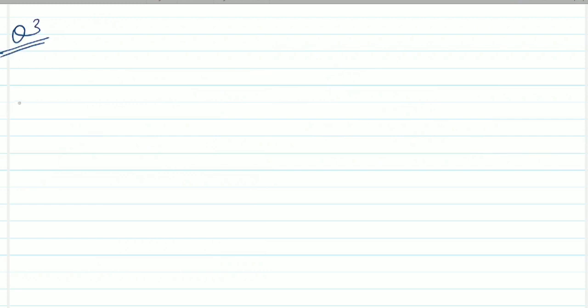Question 3 is like this only. Only difference is that they have given those things in some word problem type. So they are saying 1 micron is equal to 1 divided by 1, 2, 3, 4, 5, 6 zeros are there meter.